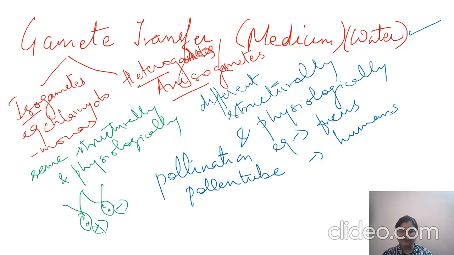So they have developed this pollen tube, which is again a great evolution you can say, where the male gamete reaches through the pollen tube. And in terrestrial animals, they directly insert the gamete into the female body. That is internal fertilization taking place. When there is external fertilization, then you require a medium. But when there is internal fertilization, you don't require any medium.